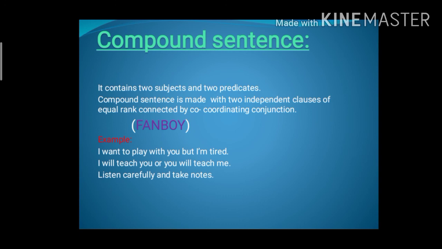And it is necessary that they are linked logically with these coordinate conjunctions. Meaning while making a compound sentence we require for, and, nor, but, or, yet. So logically a compound sentence is made with these conjunctions.